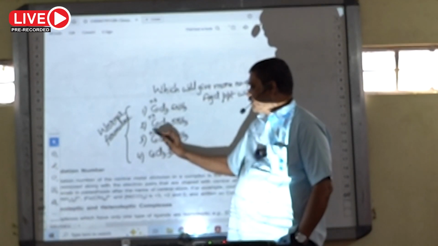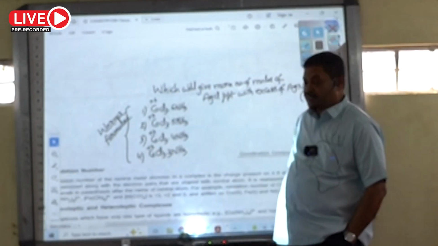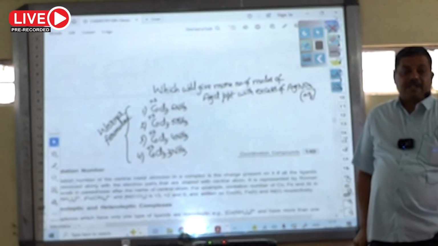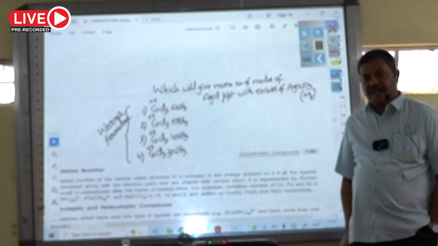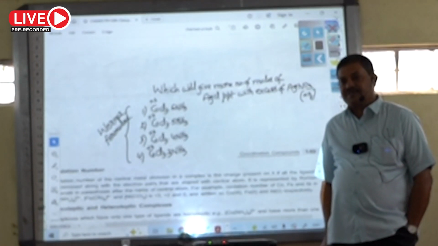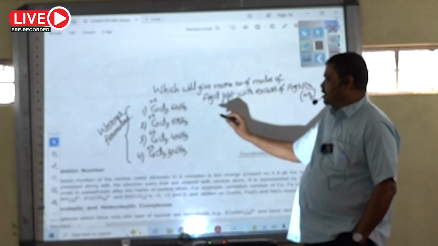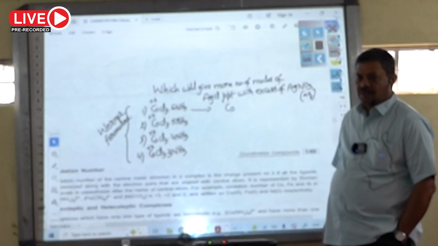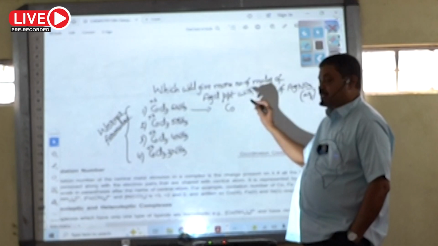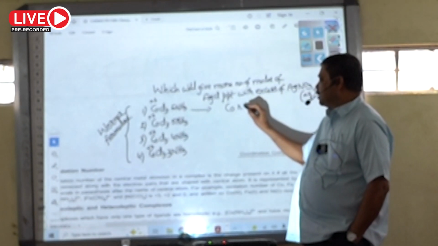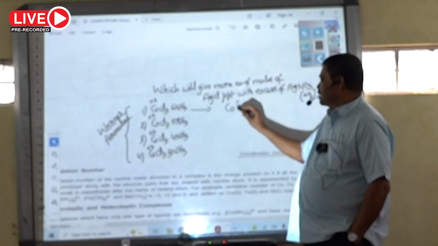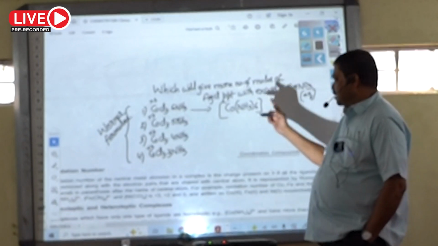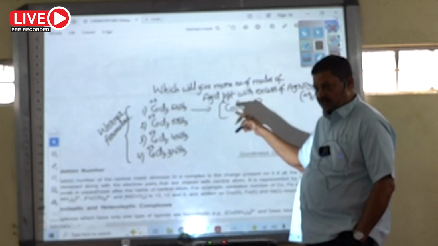So in all these four options, cobalt is in +3 state. In +3 state of cobalt, it always maintains a coordination number of 6. So the first formula, if you convert into modern formula, means cobalt 3 plus must be surrounded by 6 molecules or ions in the square bracket. 6 ammonias are already there. So 6 ammonias surround the cobalt 3 plus ion.